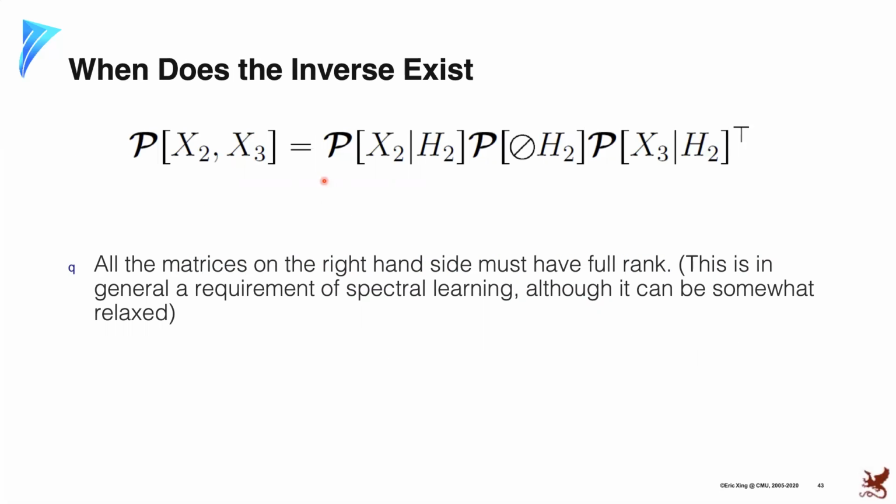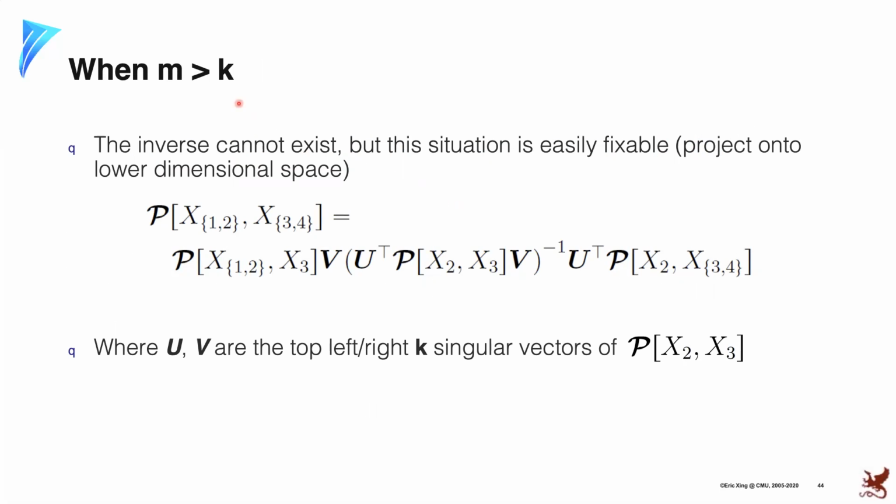Essentially, if this m is greater than k, the inverse will not exist. But this situation is easily fixed. We can just utilize a dimensionality reduction technique. For example, we select the top left and right singular vectors of the joint distribution, which are U and V, and multiply in this way.